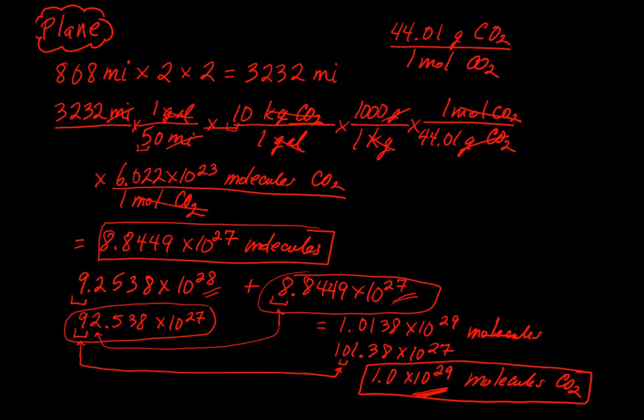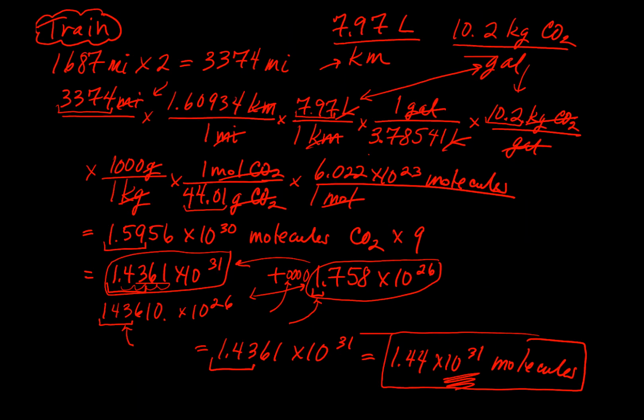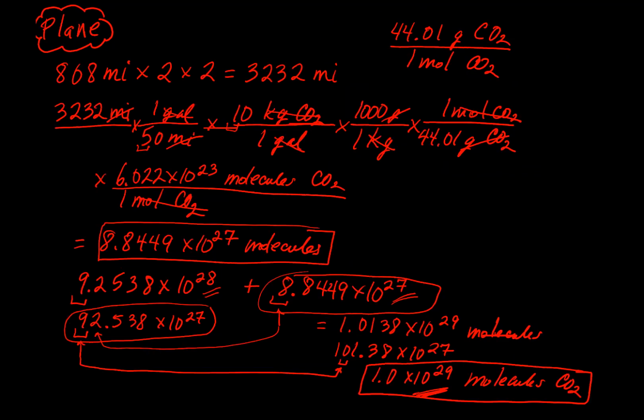So student B is actually emitting more CO2 molecules each year than student A, because 1.44 times 10 to the 31 is a bigger number than 1.0 times 10 to the 29. And that's it.